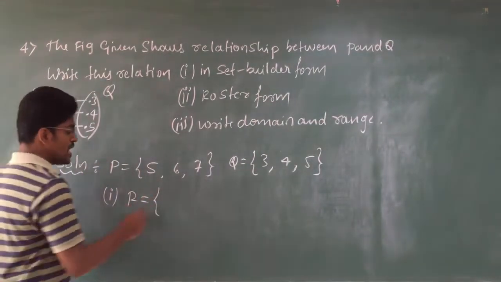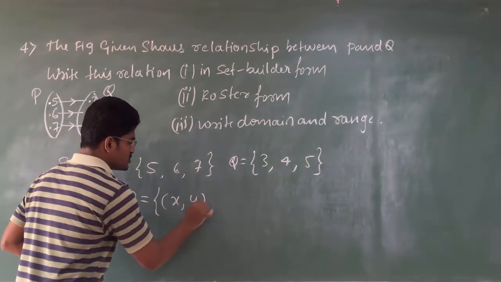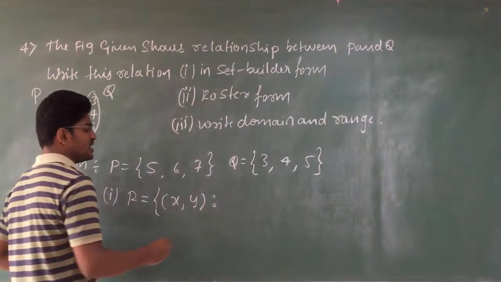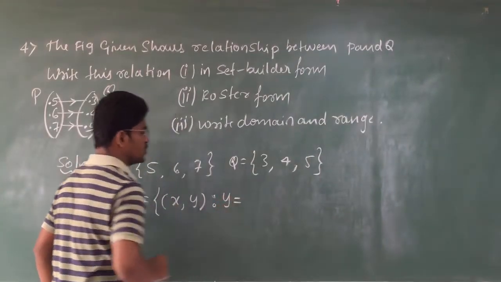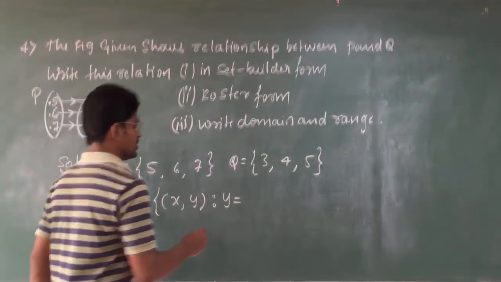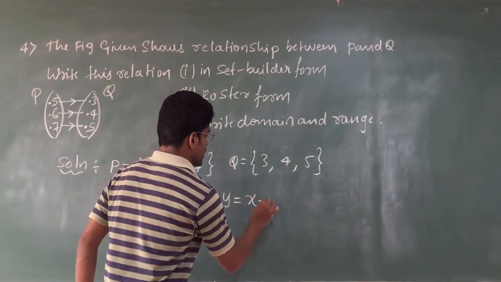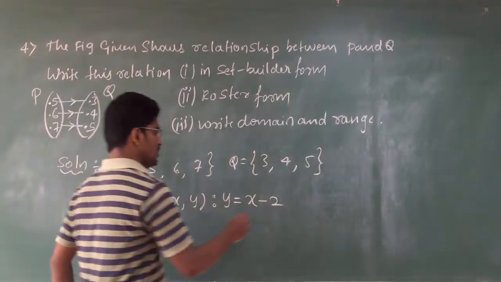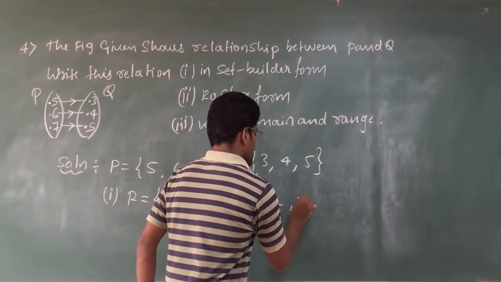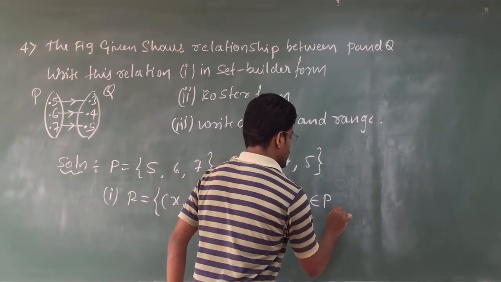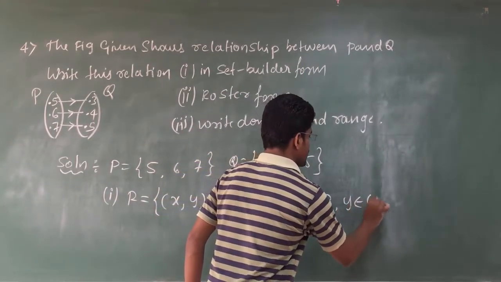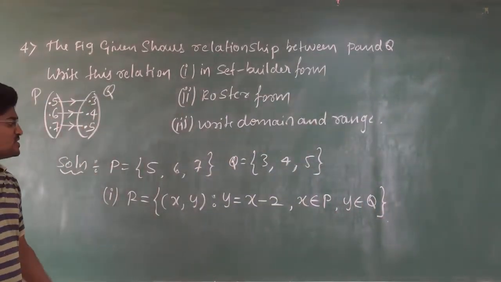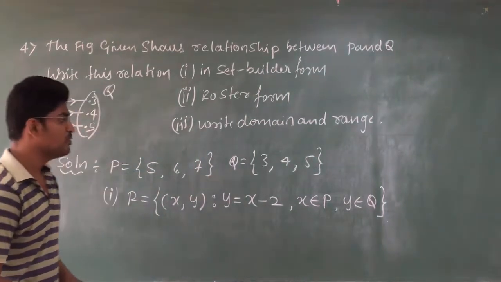I will construct an ordered pair (x, y) such that y equal to x minus 2, comma, x belongs to P, comma, y belongs to Q. x belongs to P, y belongs to Q. Because P and Q are already given sets, no problem.